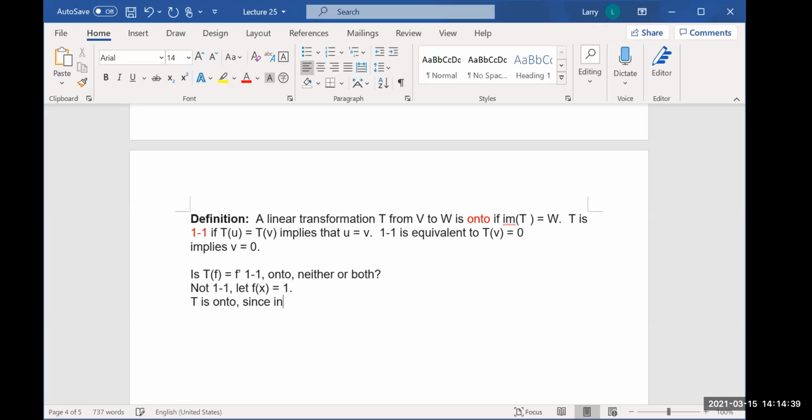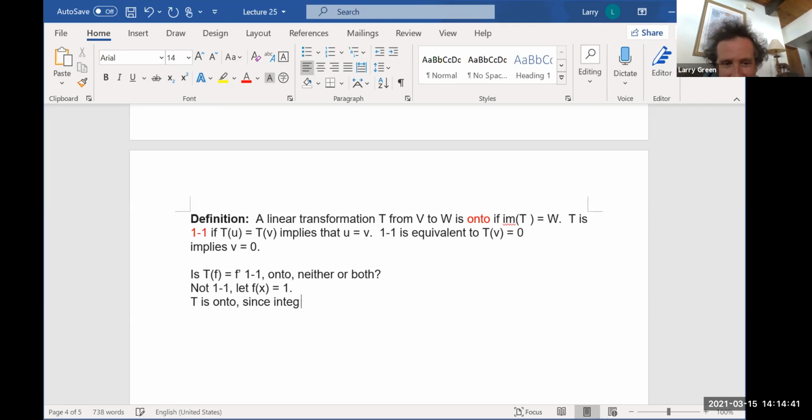Every differentiable function is integrable, because a differentiable function is continuous and continuous functions are all integrable. That came from calculus. So this is an example of an onto function that is not 1-to-1.